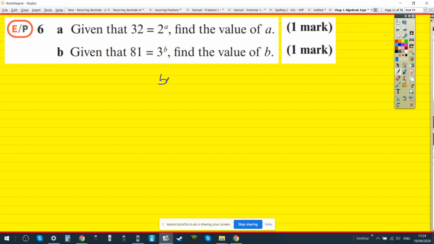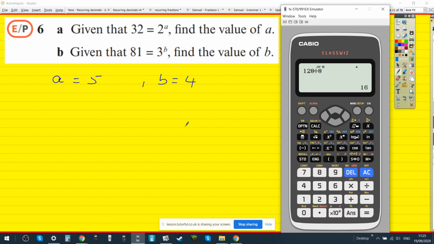Yep. And then the top one would be... Would it be 2 to the power of 5? I think so.